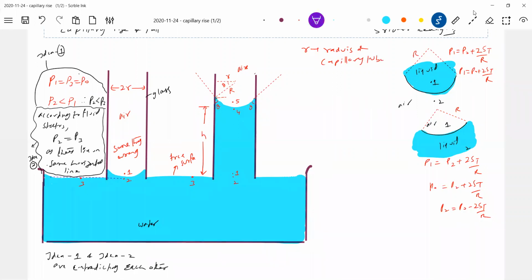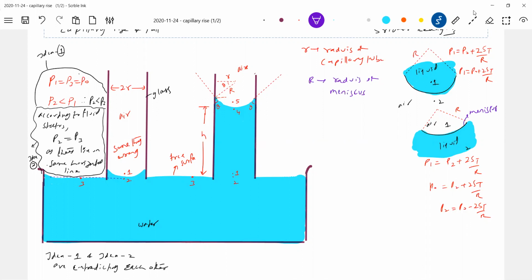Just as a small idea, all the numericals I discuss are based on this one only. Capital R is the radius of the meniscus. What do you mean by meniscus? This particular thing is called a meniscus. The curved free surface is called a meniscus.